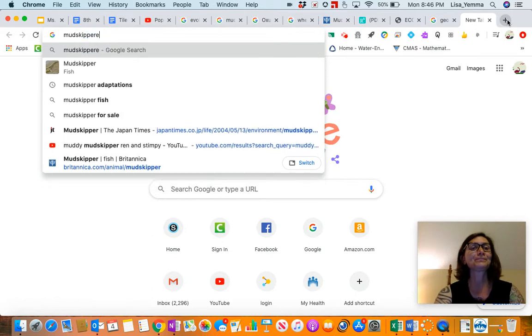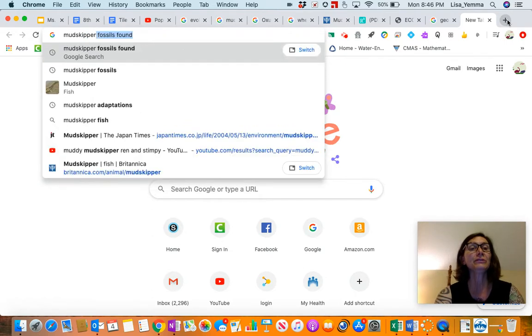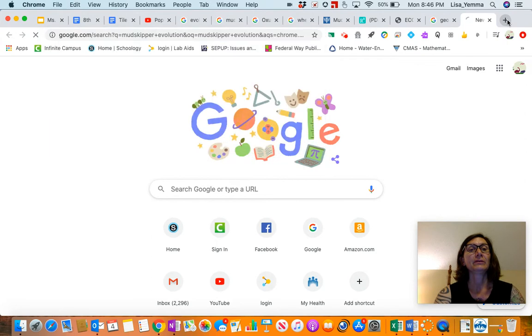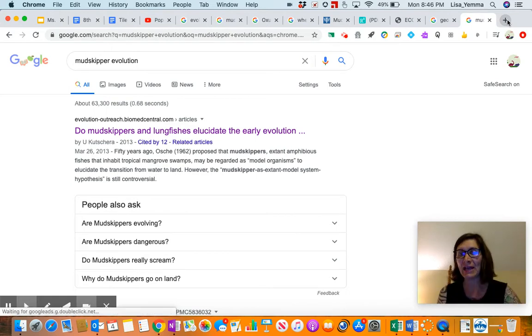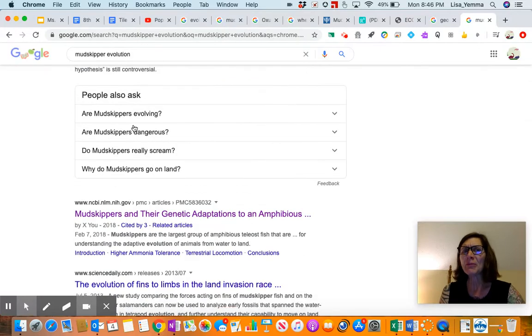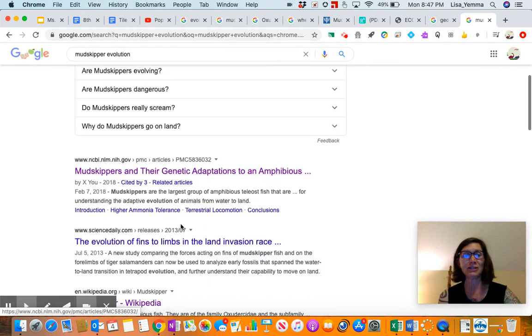Mudskipper evolution. And some of the information, do mudskippers and lungfishes elucidate the early evolution? And so I clicked on that. That file wasn't really helpful. Are mudskippers evolving? So like our current mudskippers living today evolving? Their genetic adaptations, evolution of fins. And so that could have been a part of it.